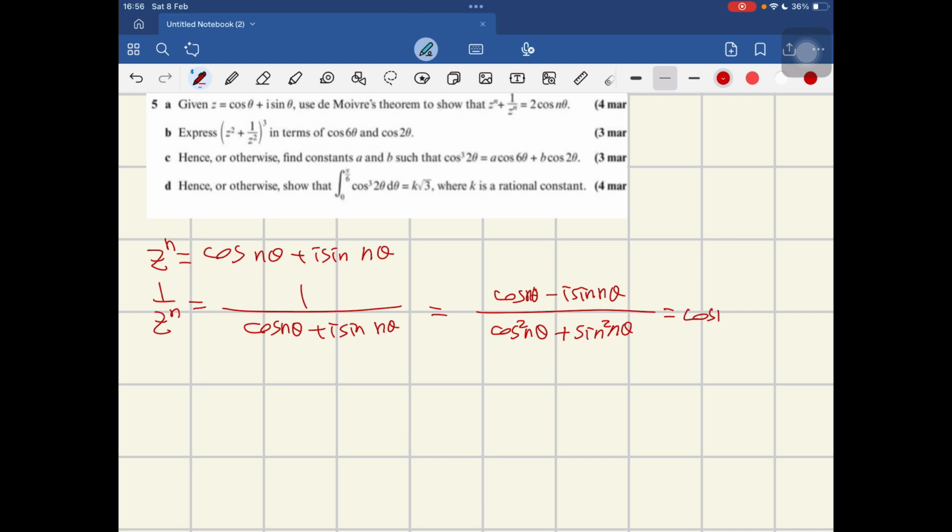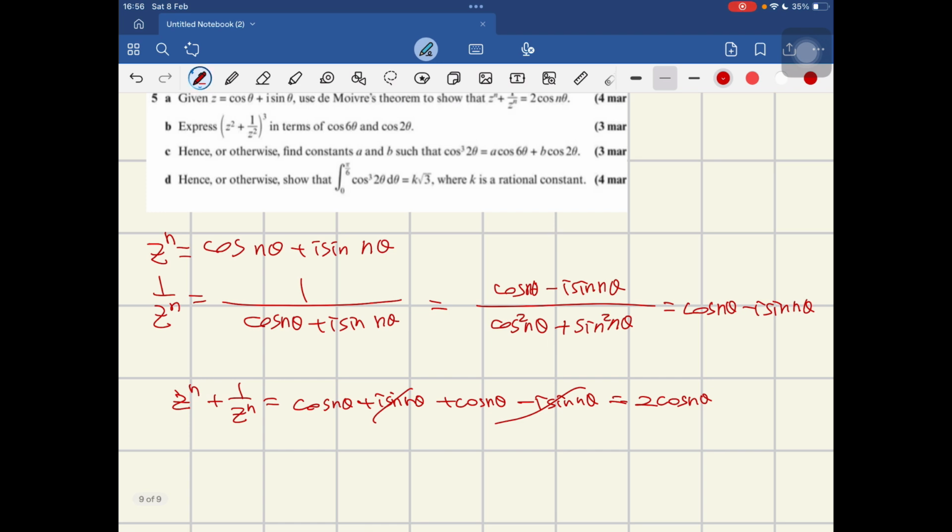So z to the power of n plus 1 over z to the power of n equals cos n theta plus i sin n theta plus cos n theta minus i sin n theta, so 2 cos n theta.